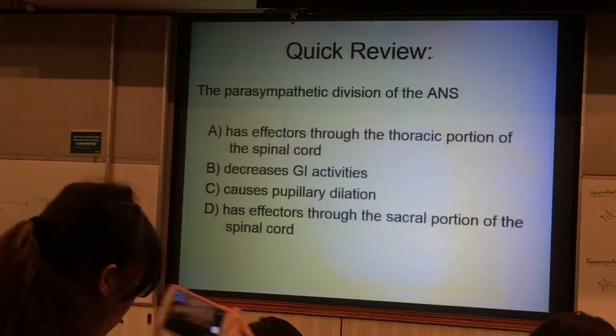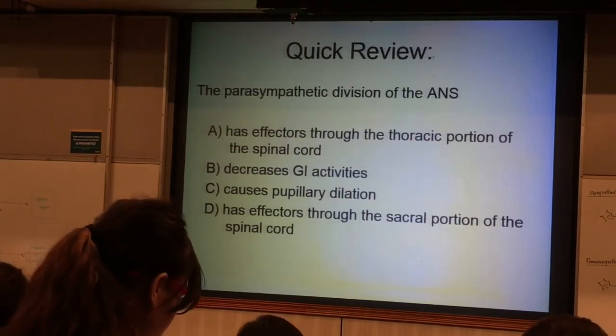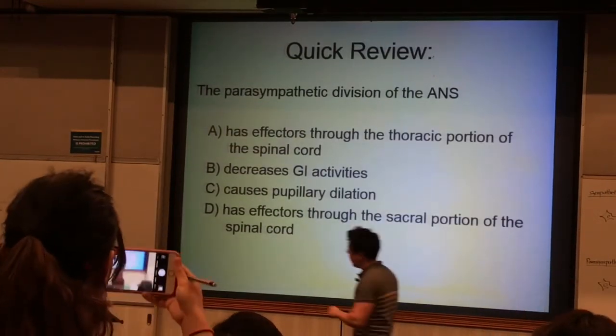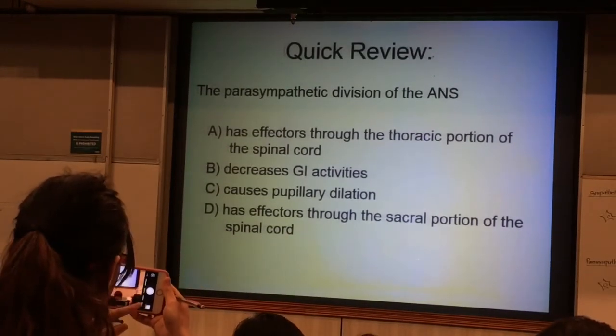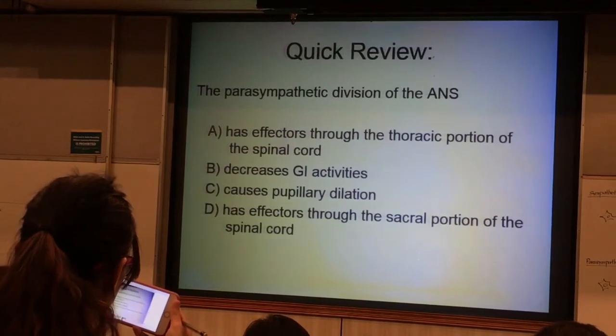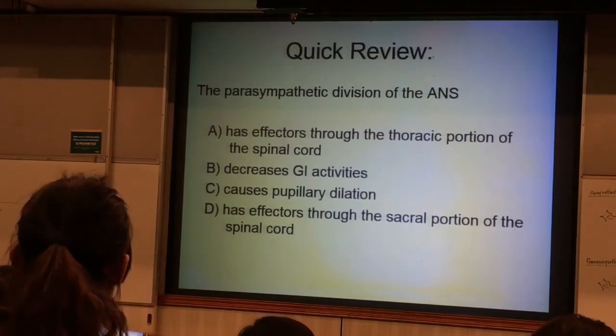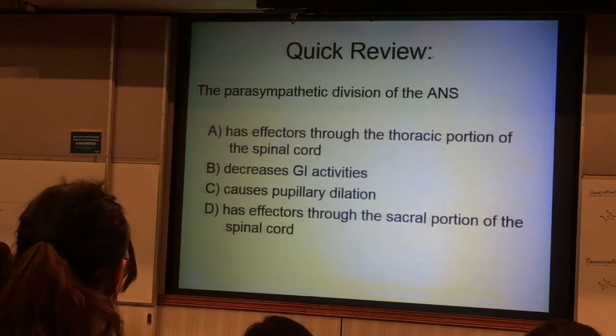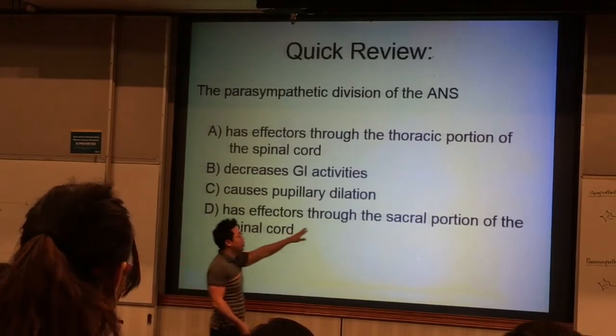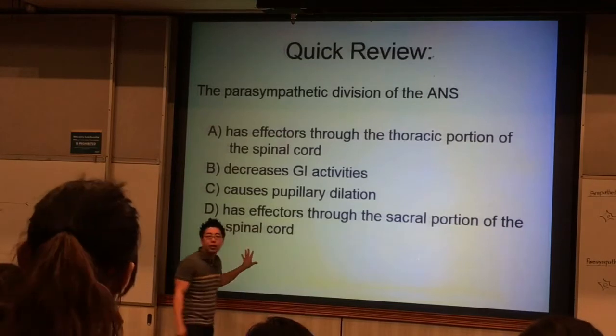B, good, skeletal muscle. Moving on, the parasympathetic division of the ANS. Which letter? D has effectors through the sacral portion of the spinal cord. That's true, okay?